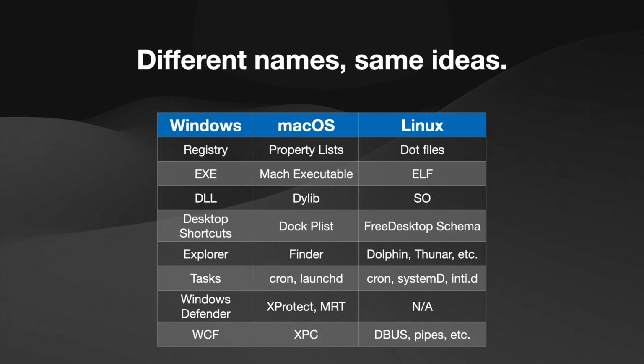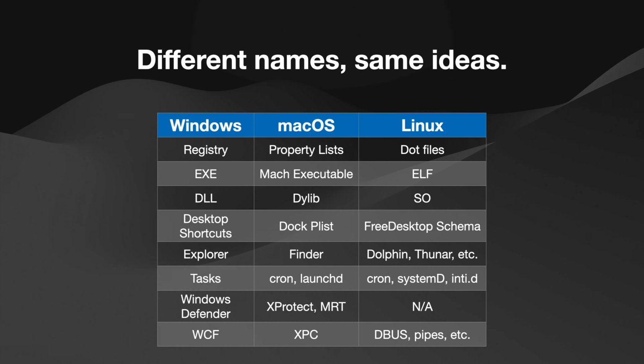On Windows, we have exes. On macOS, we have Mach-O executables. And on Linux, we have ELF files. As far as shared libraries go, we have DLLs in Windows, dynamic libraries in macOS, and on Linux, we have shared objects.